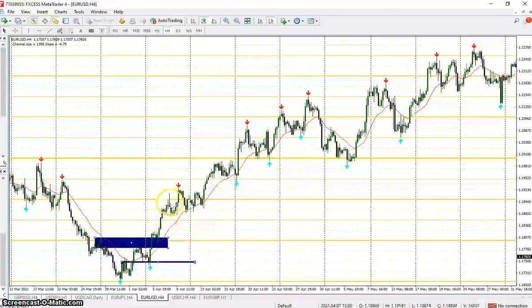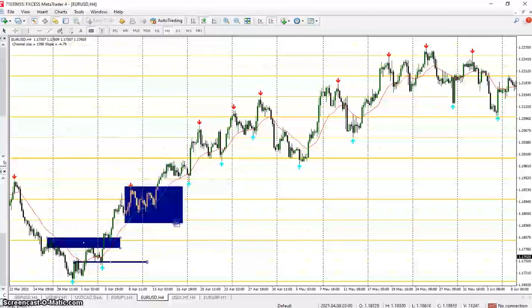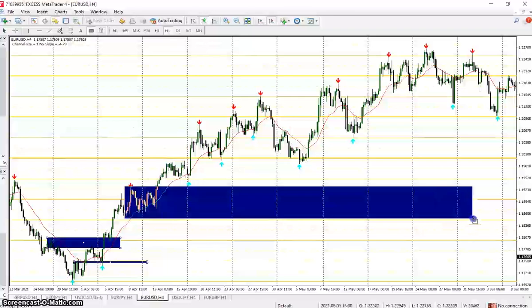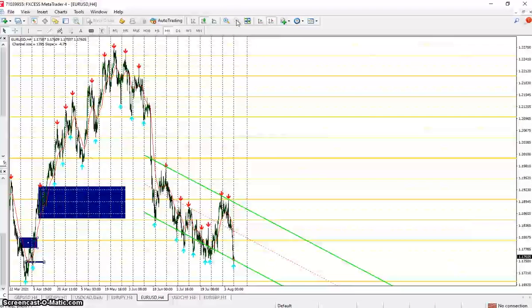Then price keeps moving and creating all these areas here. All these areas are future areas where price reacts; these are all zones. This whole area is a zone. Maybe if we go back, we can see if price reacted at that area.